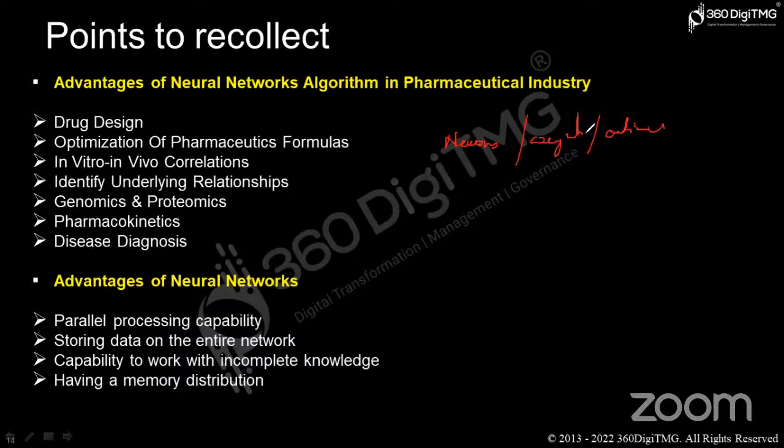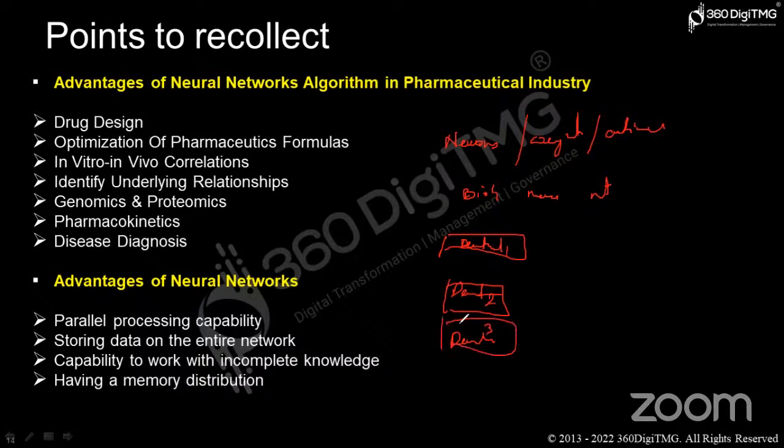In a biological neural network, we have a network of dendrites, and these are connected to a cell nucleus.